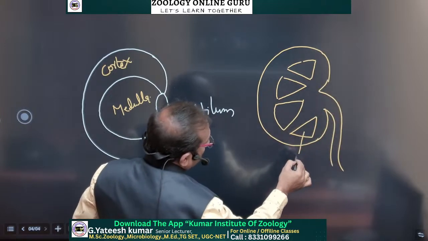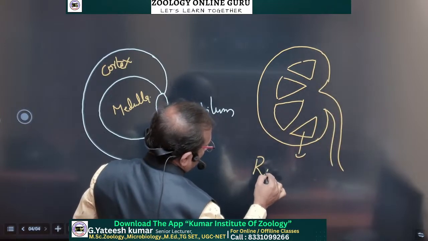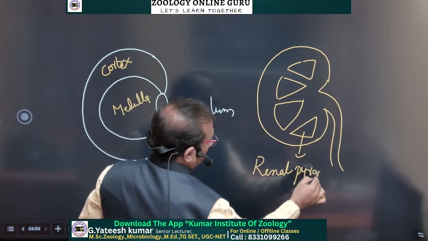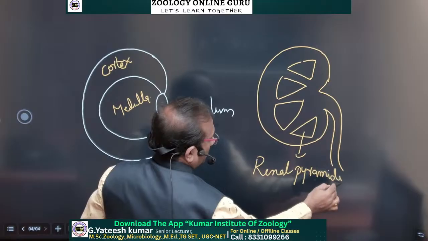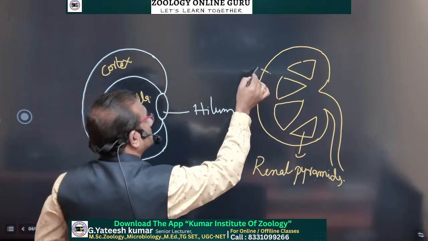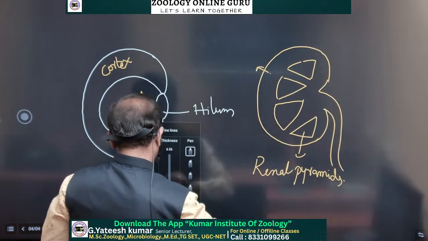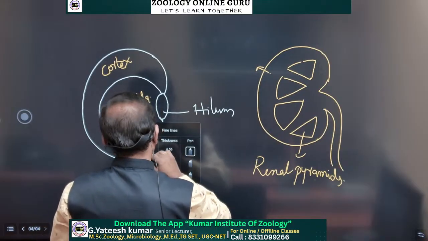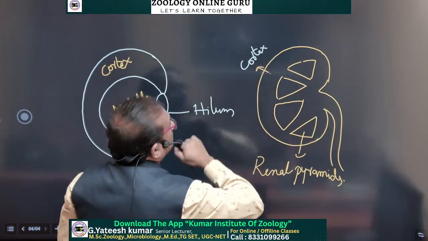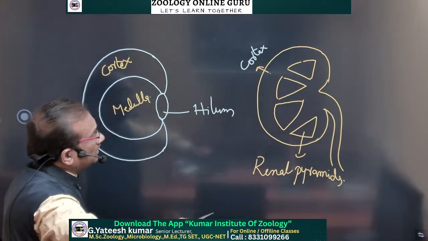So outermost is the cortex, this portion is called the cortex portion, and inside is the medulla.